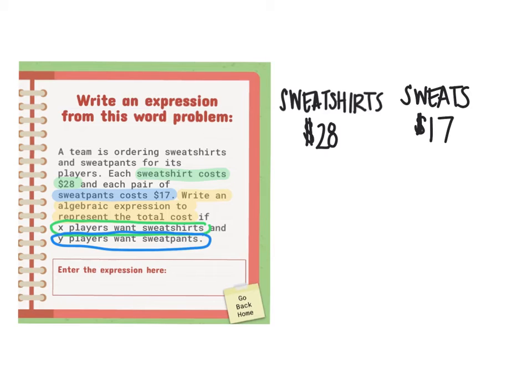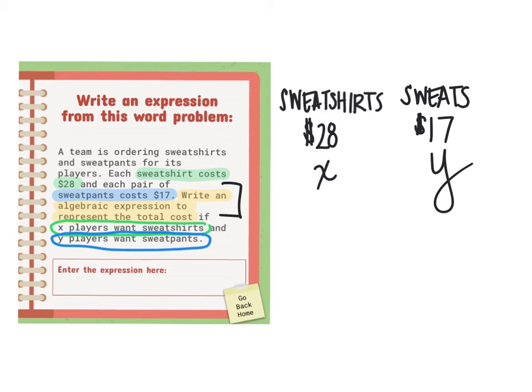The next piece says, what if X amount of players wanted sweatshirts and Y amount of players wanted sweatpants? So the whole goal is to write an expression. So we're saying that, say, 5 people want sweatshirts and 7 people want sweatpants. How would we write this as an expression?